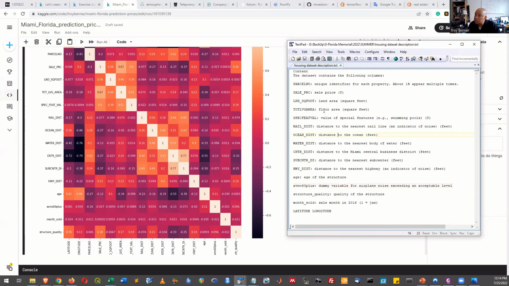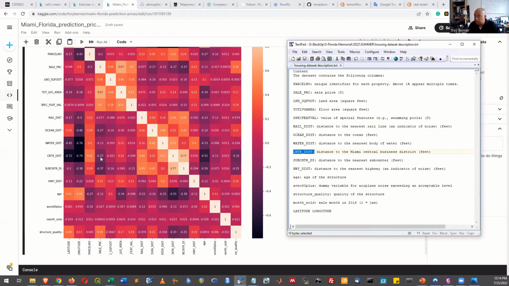So let's take a look at a feature. Let's look at this one here, Central District. Central District and sales price. So this is Central District and sales price right here.